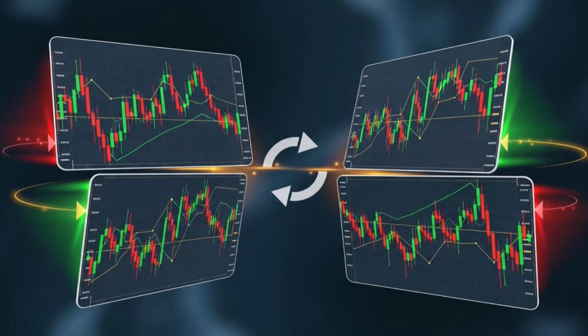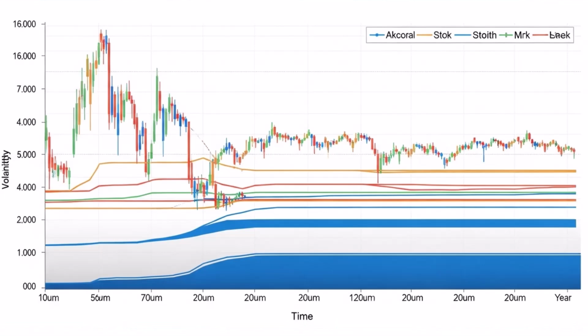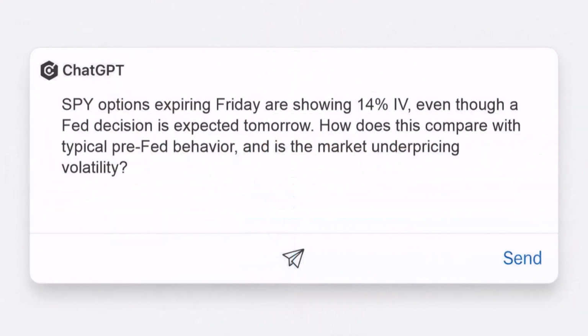Now let's flip it. Another case study showed how ChatGPT helped spot undervalued options. A trader noticed unusually low implied volatility on a large-cap stock just before a Fed announcement. He ran this prompt: "SPY options expiring Friday are showing 14% IV, even though a Fed decision is expected tomorrow.